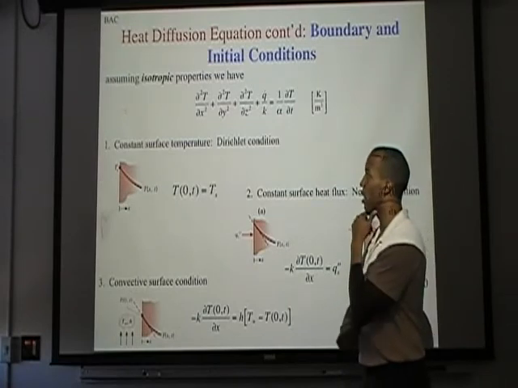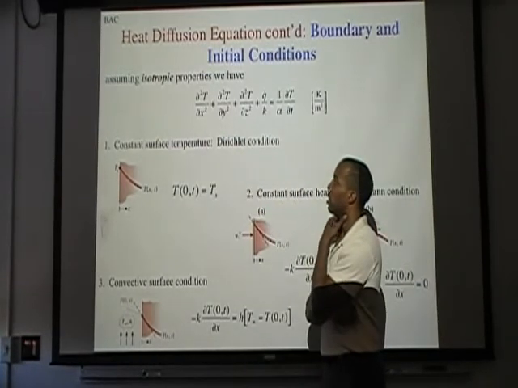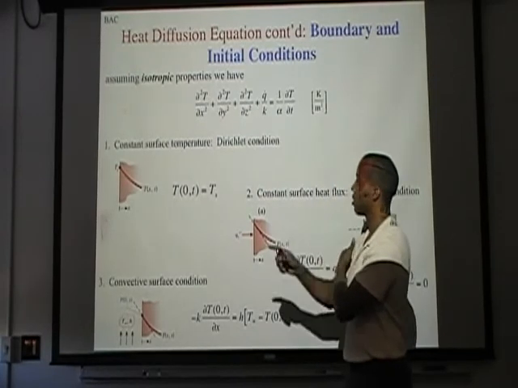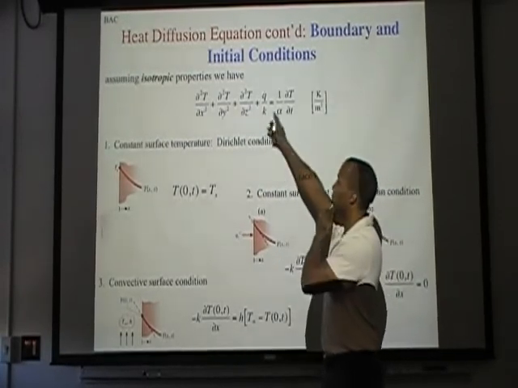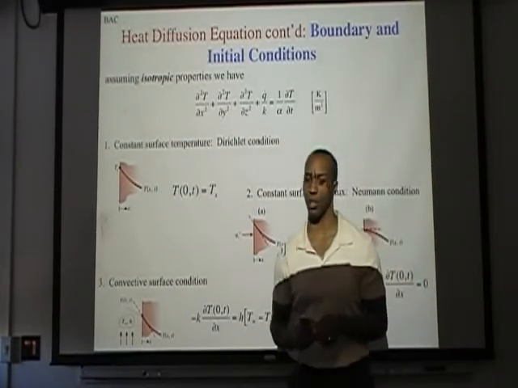Let's say we're dealing with one-dimensional conduction, the second-order partial derivative of temperature with respect to x, and no generation, and if we had some transient effects we can leave in the energy storage.